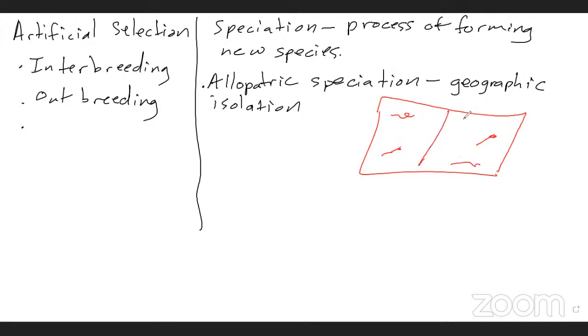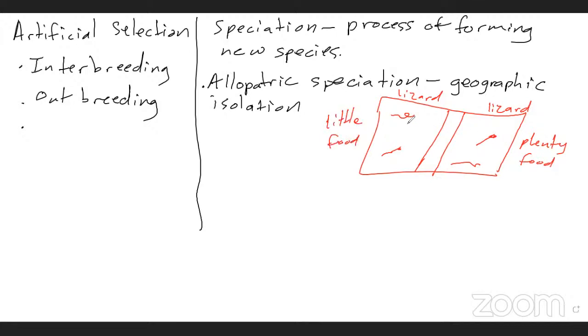Something happened and they are separated. So you have, let's say, lizards on one side, and lizards over here. Plenty of food, little food. I'm just moving quickly at this point.